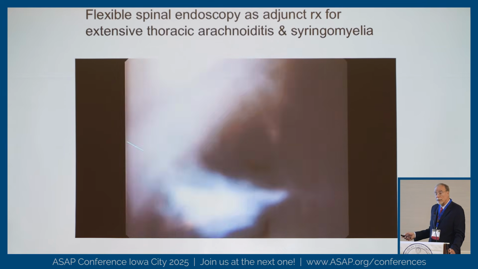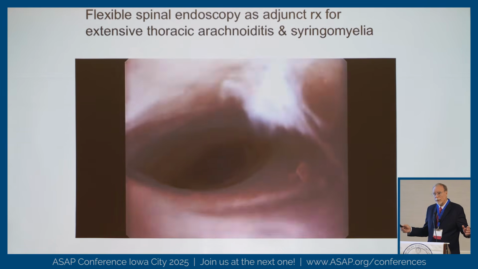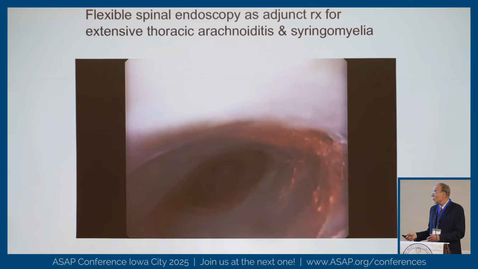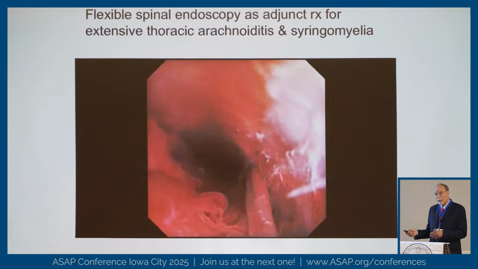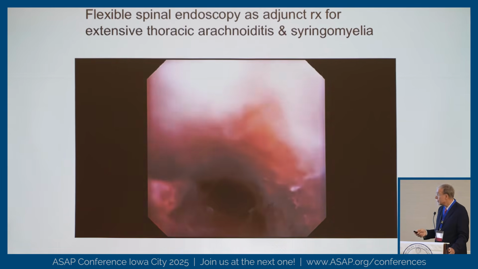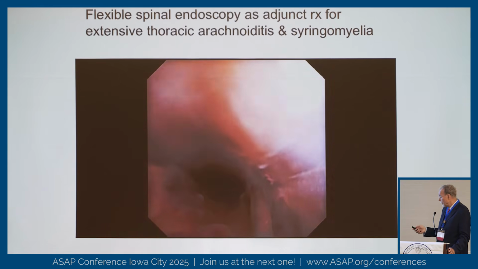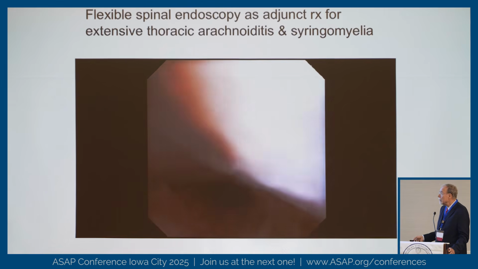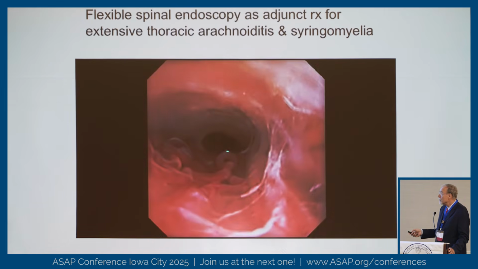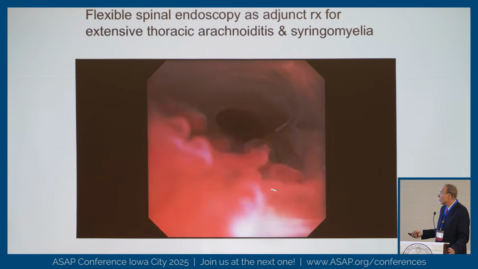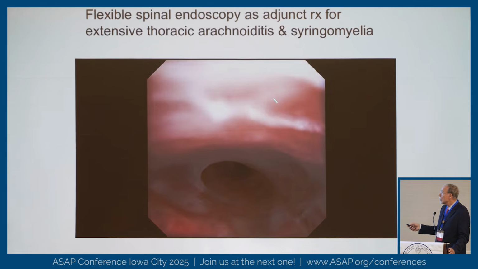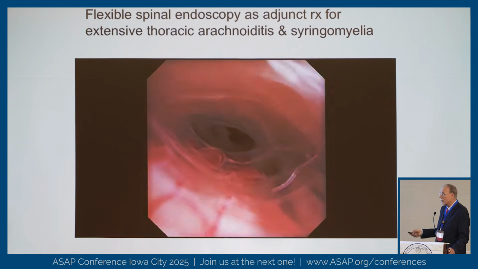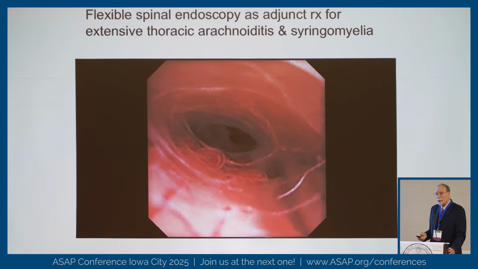Your objective here is to open a spinal fluid pathway and try to accomplish what they did in the Chinese paper with the shunts. So we keep putting it in here and use the forceps to widen this. Here's some blood vessels. The spinal cord is here. The dura's up here. And so just like an icebreaker on Lake Michigan, we're just breaking up the bands.